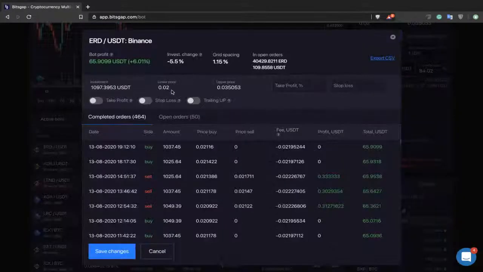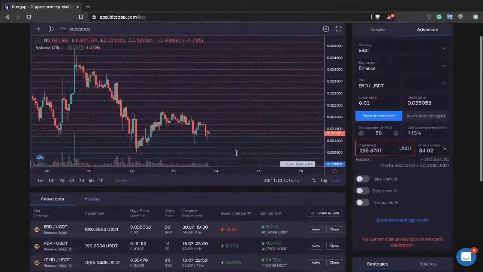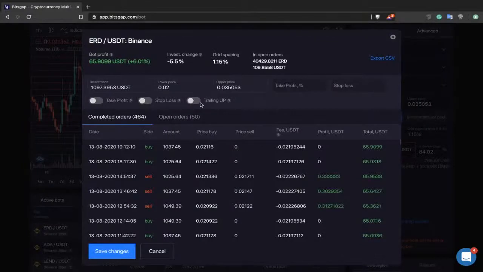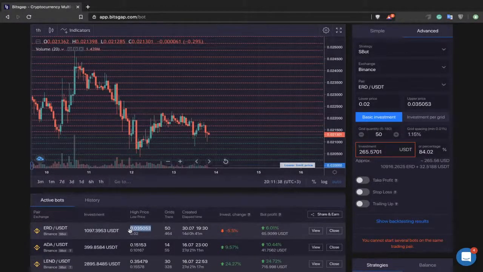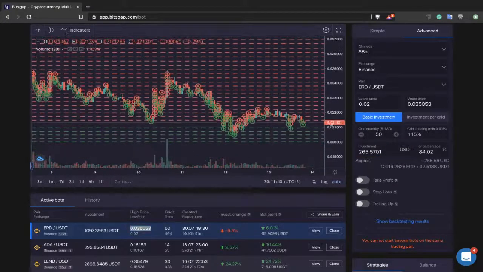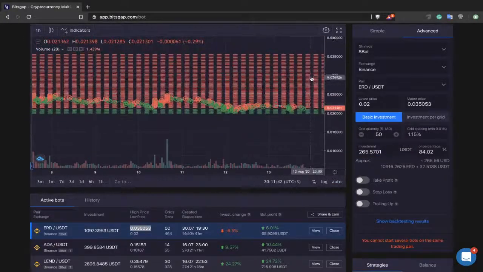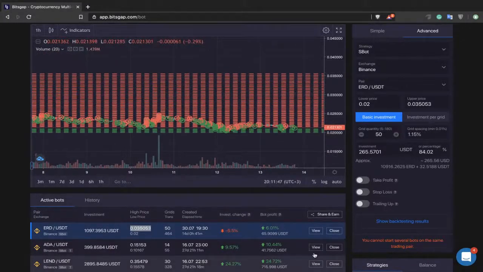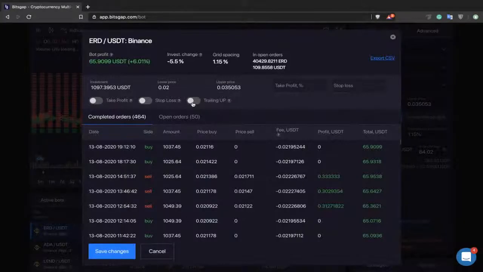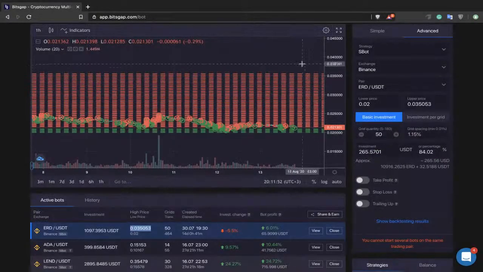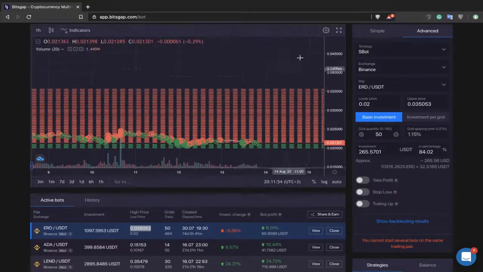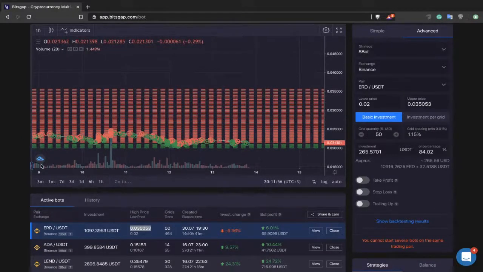So if I click on view and now switch trading up on and save changes, that means that as soon as the price reaches my upper limit, which is this price, and breaches it, the trading range will follow the price if the market moves eventually higher.